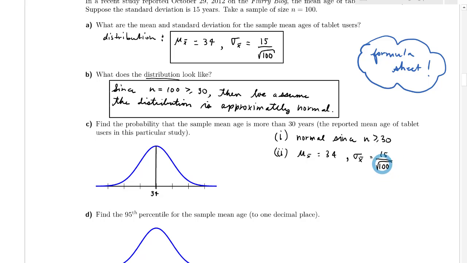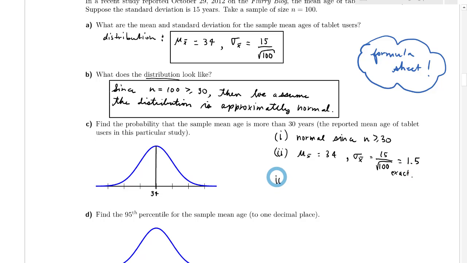Now, because the square root of 100 is 10, 15 divided by 10 is actually a rational number, 1.5. So you could put this in there or 1.5. It's only when it's irrational and the decimal goes on forever that you definitely don't ever want to round. I'm not rounding here. Put it in the calculator. It is exactly 1.5.